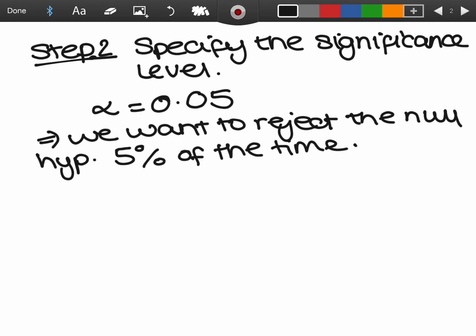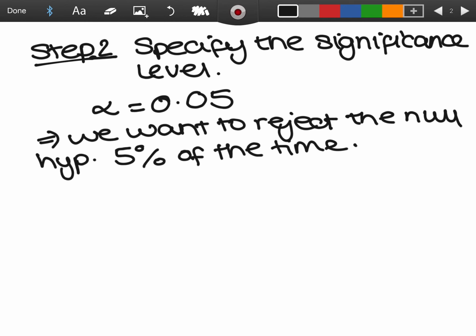That means that we're 95% confident that our null hypothesis is true. We only want to be wrong about our null hypothesis 5% of the time. Okay? So, if that is the case, we've got alpha is equal to 0.05. They will always give you a significance level.